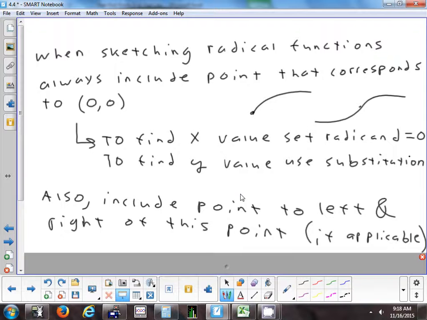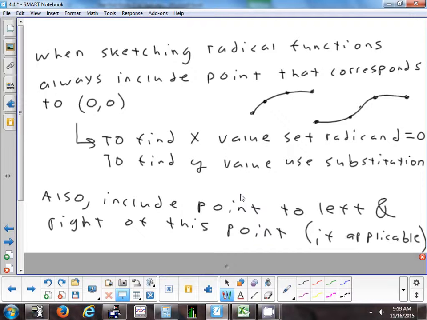Once we have that point, then we want to graph a few points to the left and to the right. Only if it's an odd function do we go in both directions. If it's an even function, we just have to pick points in one direction. So I might just find 4 points and then make my sketch. For odd, probably find a couple points like that, and then maybe a couple in there.